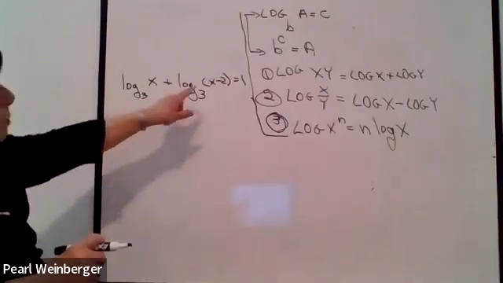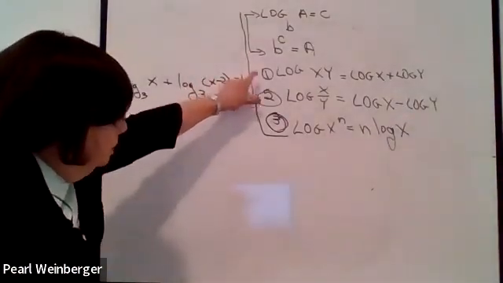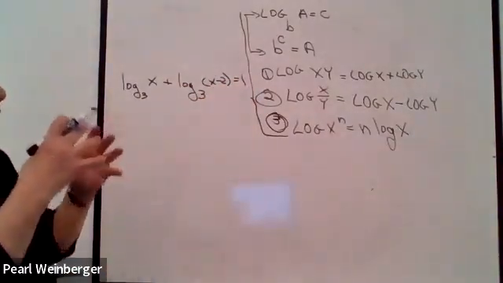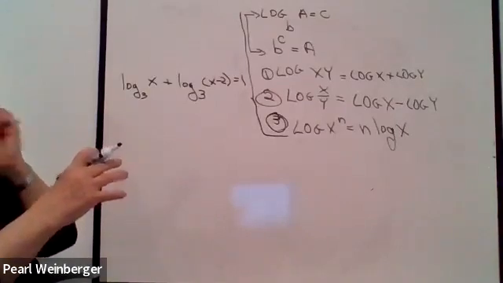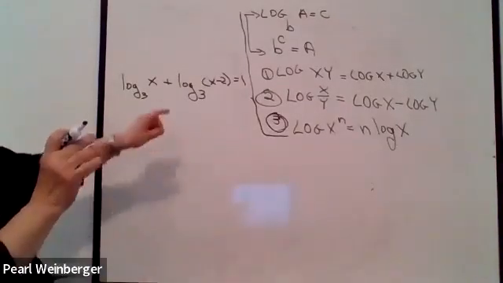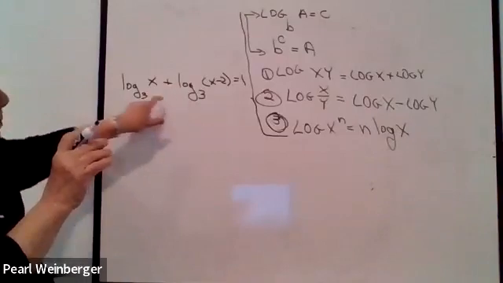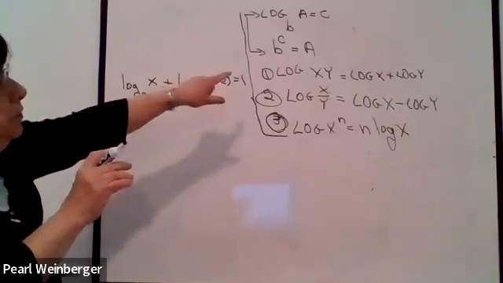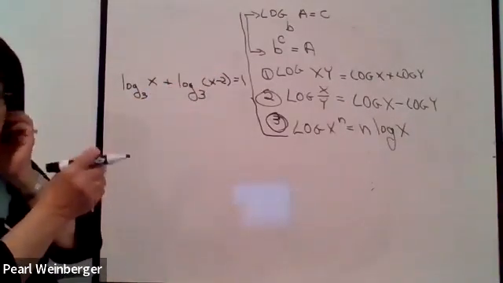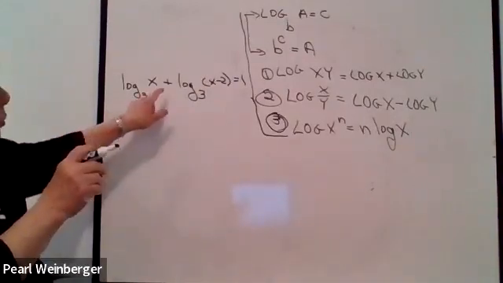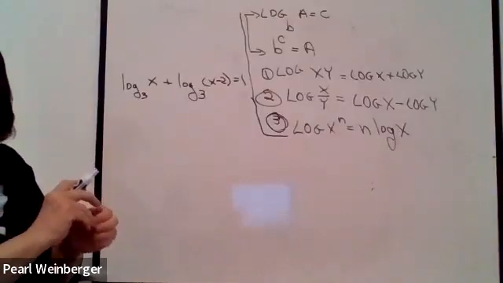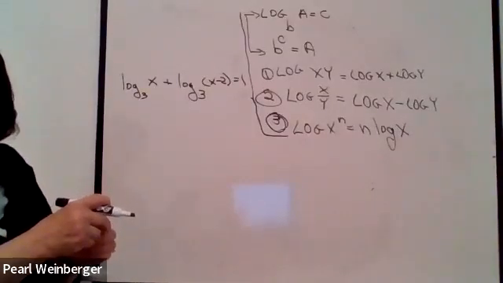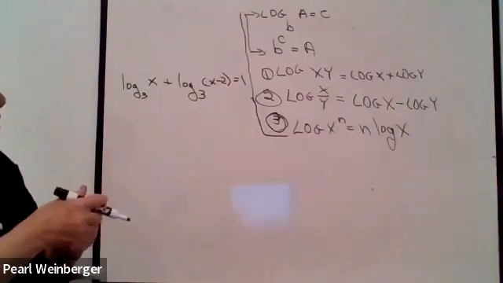But I do remember from rule number 1 that there is a way to contract multiple logs into a single log. We know when we have 2 logs being added, we must have originally been multiplying the numbers. If we would have had a minus between the 2 logs, it would have meant that we had originally divided.